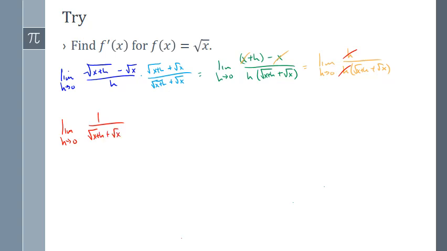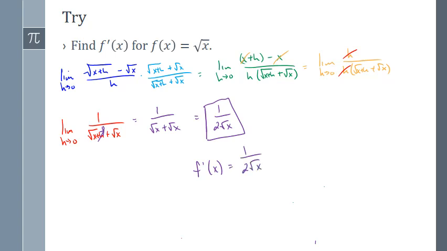Now I can evaluate by plugging in 0. Direct substitution, as h goes to 0, I get 1 over radical x plus radical x, which is 1 over 2 radical x. And that is the derivative of my original function, radical x.